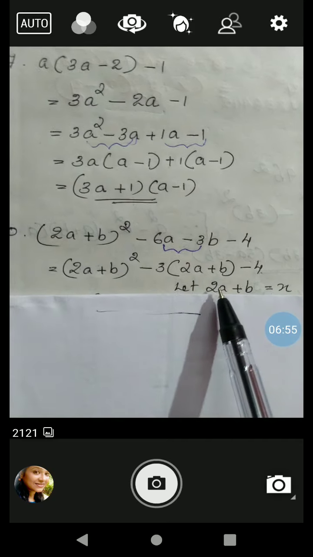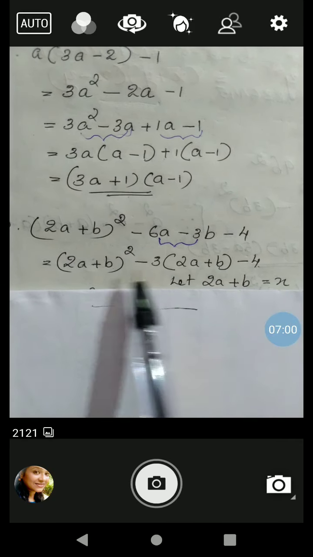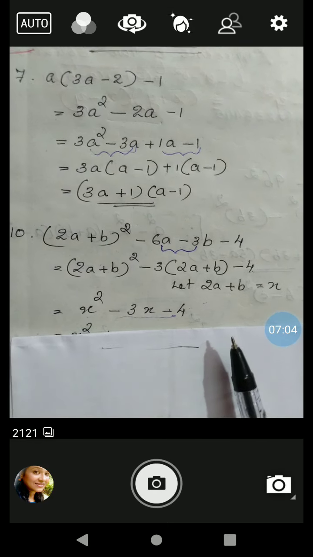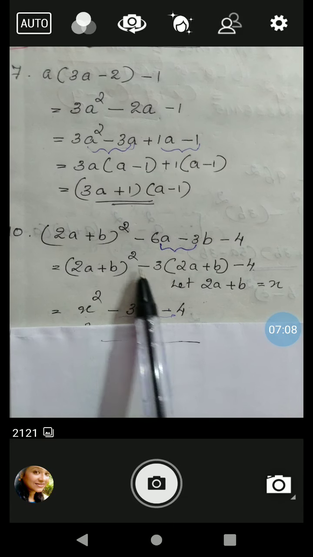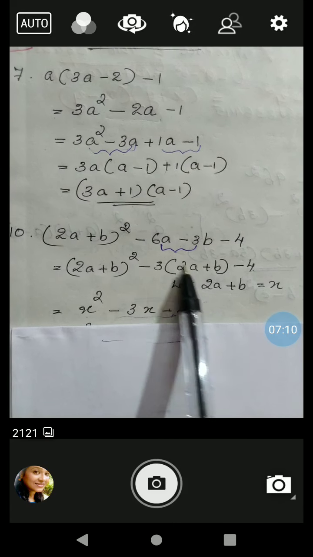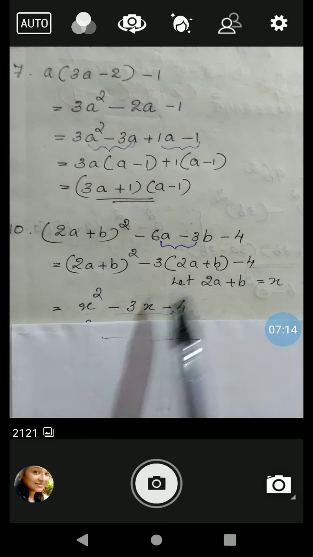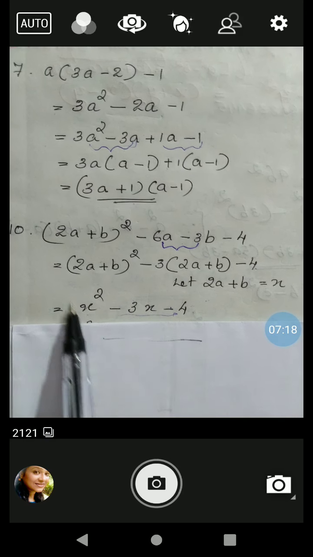We can take 2a plus b as x. So this expression becomes x square. Look here. Here we can write x. x square minus 3 into this part is x minus 4.